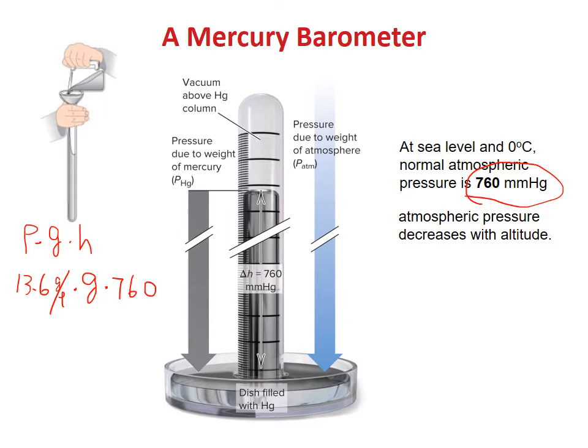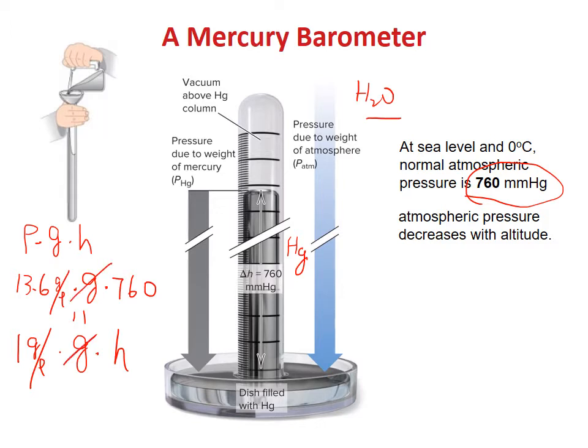Now, if we use water instead of mercury, then the pressure will be 1 gram per milliliter, that's the density of water, times the same gravity times the new height. So these two should be equal if we measure the same atmospheric pressure.